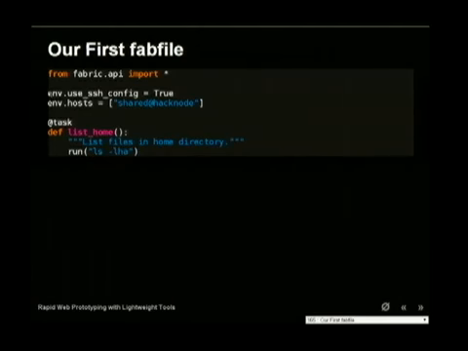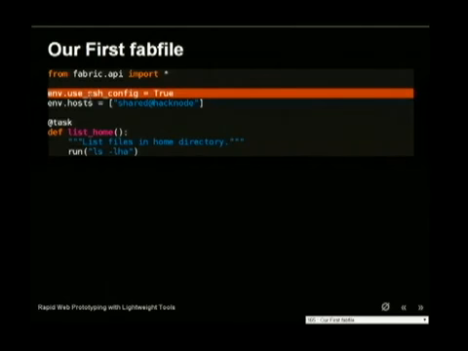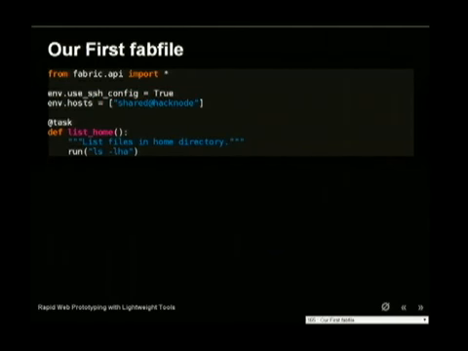And this code up here basically tells Fabric to use my personal SSH configuration to resolve host names, and then tells it to use this host as a default host when I run the fabric command.